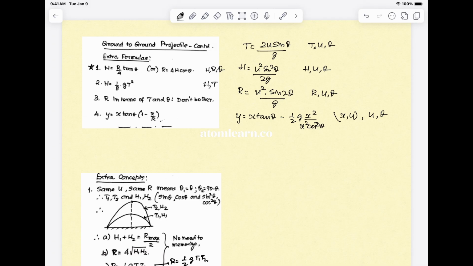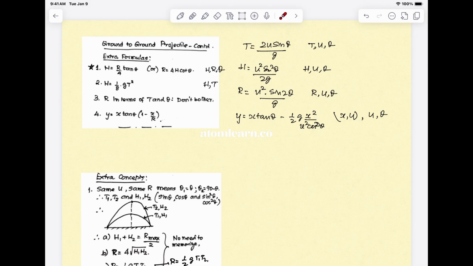But I don't want you to memorize too many formulas. Therefore I just kept it out of this list. Whenever you want, you can actually work it out. The relation between r, t and theta can be done by taking the first well-known equation and then substituting it in the second well-known equation.